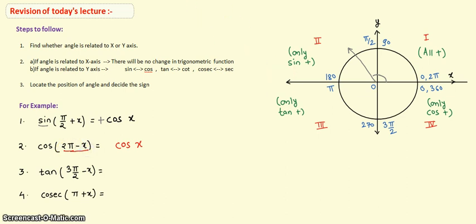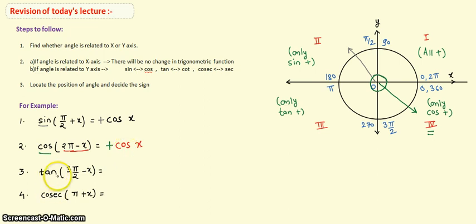See here, how we are going to locate 2 pi minus x. So this is 2 pi minus x. This will be the angle, so it will go in the fourth quadrant. In the fourth quadrant, cos is what? Positive. So it will have a plus sign. So cos 2 pi minus x is what? Cos x, right?